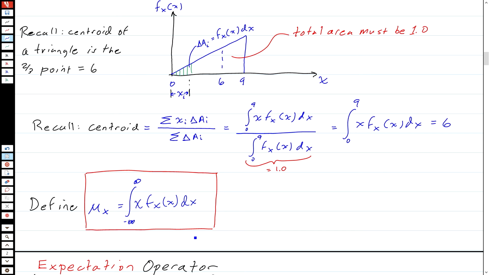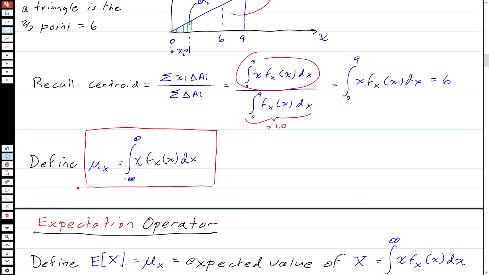It's what you see at the top here in our centroid calculation. That's that part divided by 1. So that's the general definition.